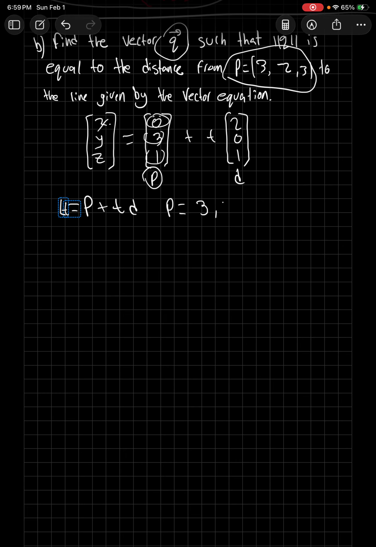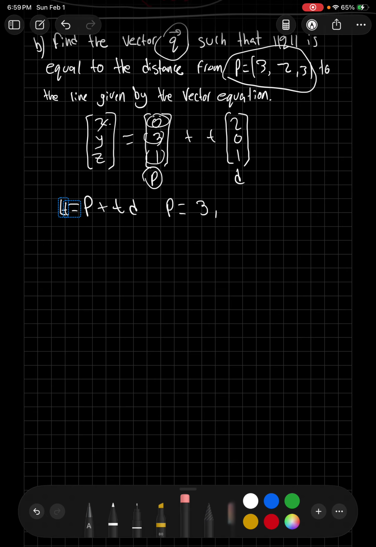So P is equal to, oh sorry, this is little p. This is why sometimes you can get confused. So 0, 3, and 1. And then D is going to be 2, 0, and this actually should be -1. I just didn't copy it down correctly.